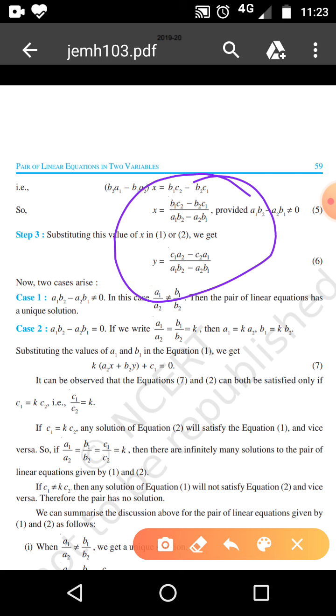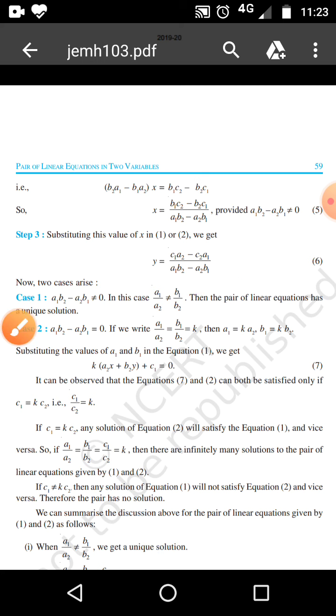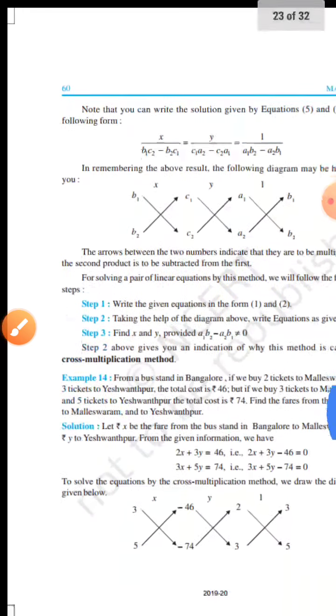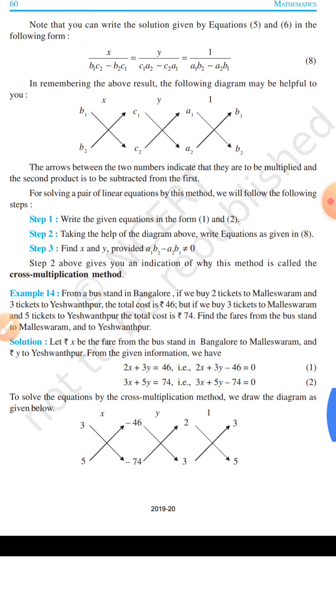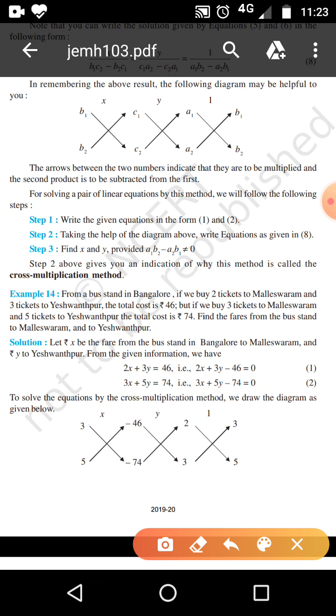So very simple. So please try to solve the questions. I am just going to take an example for that. Suppose we have a question, and in this question the pair of linear equations is this one.